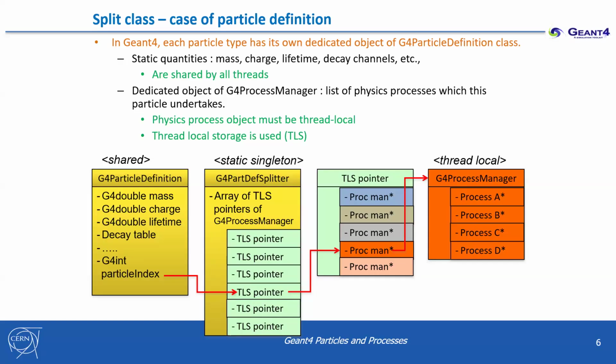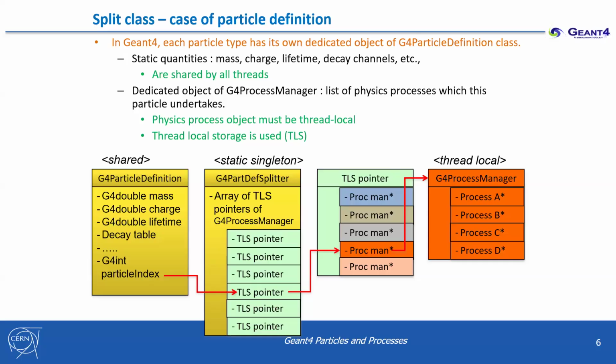On the other part of the cartoon, on the right bottom, there is a red square. It is a list of processes. Physics processes by design are thread local. It means that similar objects are in each thread.